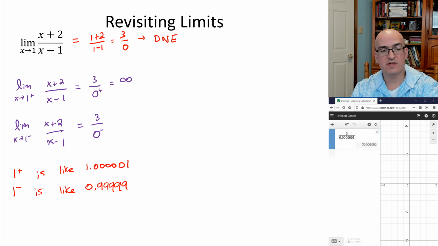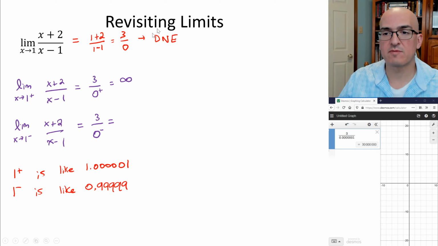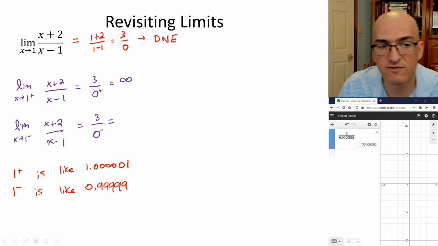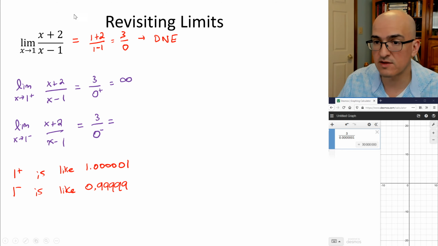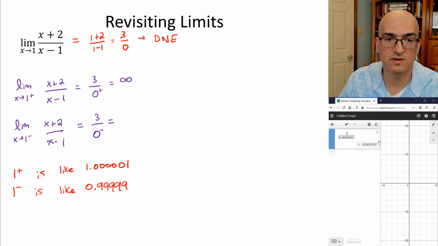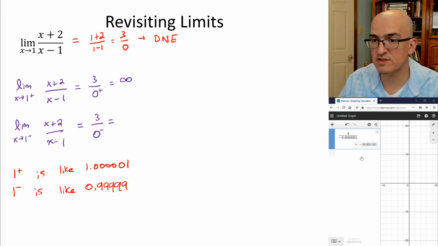So instead of saying division by 0, I'll say division by 0 minus, just to indicate that this isn't necessarily going to be the same outcome as what is above. Like, what if in the Desmos window I change this to a minus 0.001, I get minus 30 million.